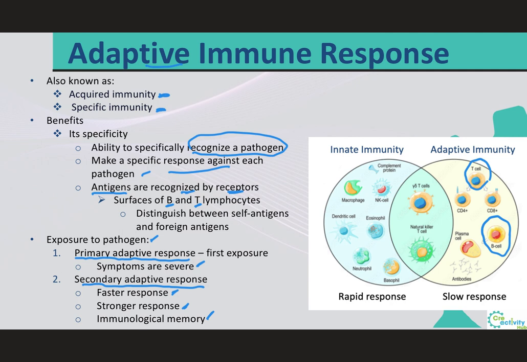A third important feature of the adaptive immune response is its ability to distinguish between self-antigens, those that are normally present in the body, and foreign antigens, those that might be on a potential pathogen. As T and B cells mature, there are mechanisms in place that will prevent them from recognizing self-antigens and therefore preventing a damaging immune response against its own body.